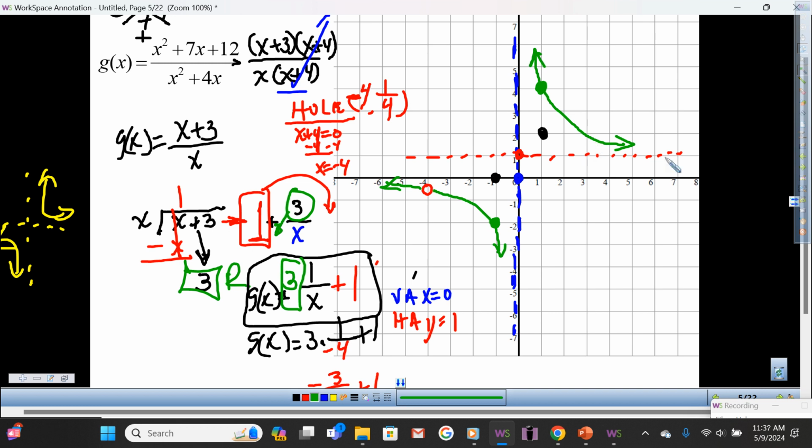Oh, my bad, negative 4, positive 1/4. Sorry. I did that on purpose, see if you guys were paying attention. There it is. There you go.